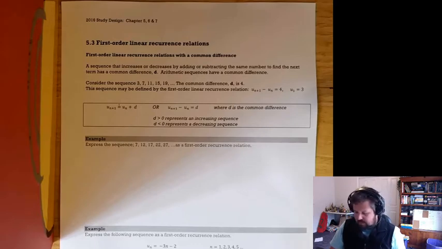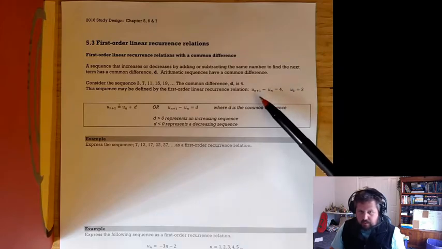Perfect. It says this sequence may be defined by a first order recursion relationship using the following rule. In this case, we've got u(n+1) take away u(n) is equal to 4. Remember, it's the next value take away the current value is equal to 4.